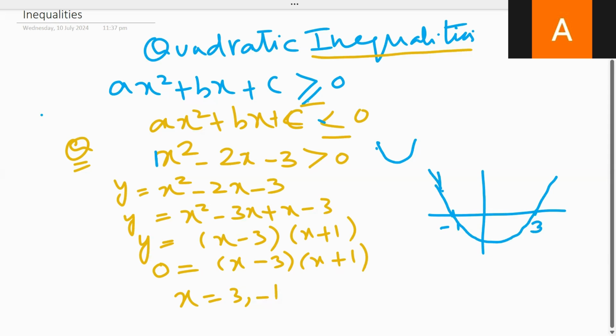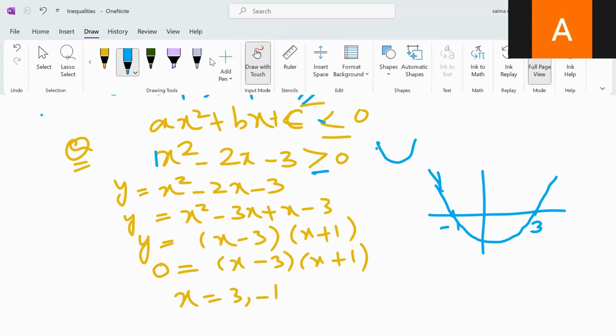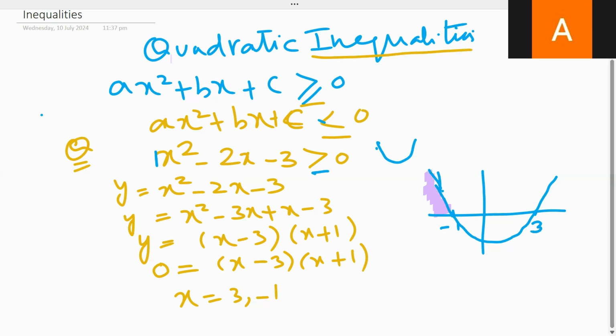For this curve, x² - 2x - 3 is greater than 0, you need to find the range of values of x for which the curve is positive. Positive means above the x-axis. So this region, above the x-axis, is this part.